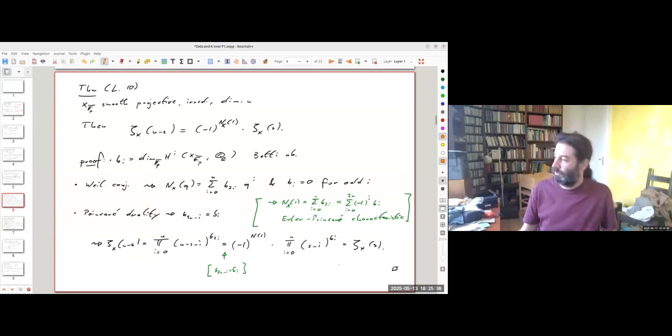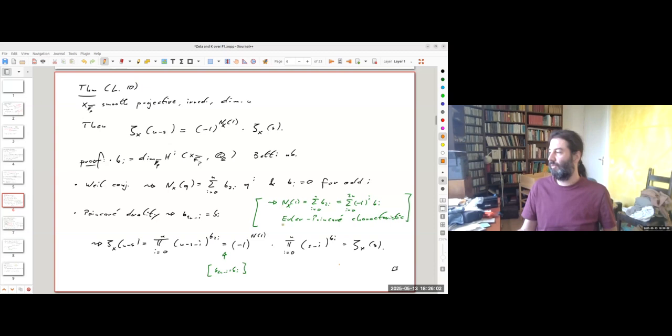One observation, which I don't dwell on further, but which is also entering this whole philosophy, is that N_X(1), which should count the F_1 rational points, is actually the Euler characteristic, because it's a sum over the b_{2i}, and I can re-enter the odd b_i's because they're 0.